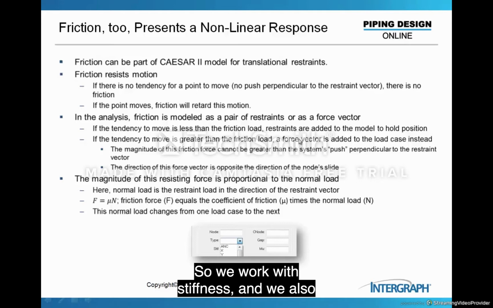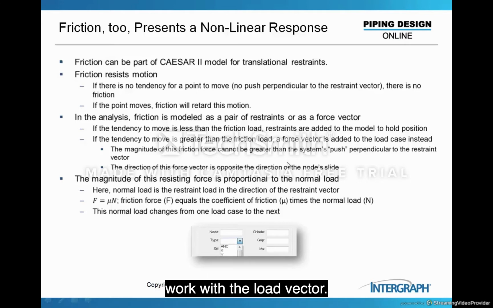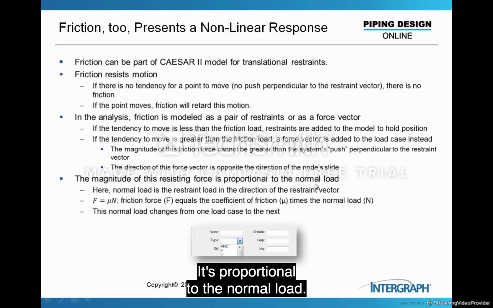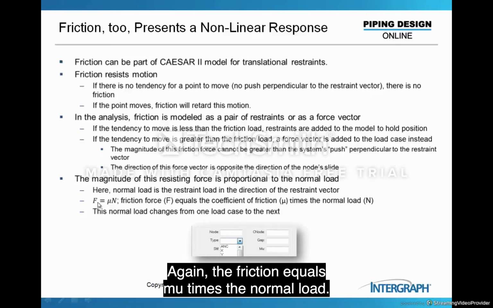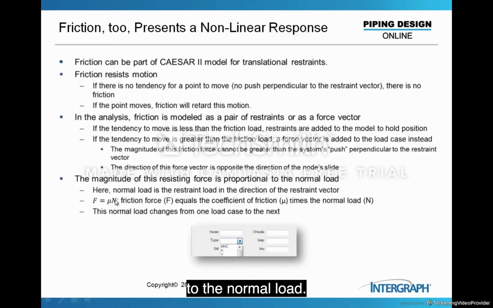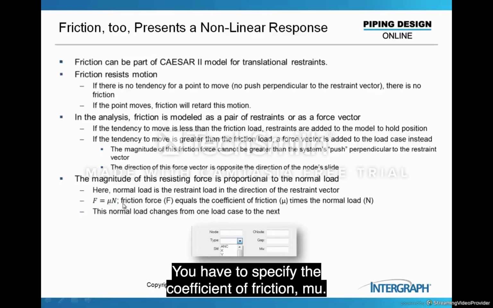So we work with stiffness and we also work with the load vector. Now, what's the magnitude of that resisting force, that friction force? Well, it's proportional to normal load. Again, the friction equals mu times the normal load. The normal load is in the direction of the restraint, so the friction force is perpendicular to the normal load. You have to specify the coefficient of friction, mu.